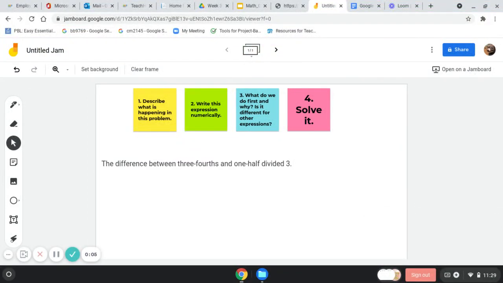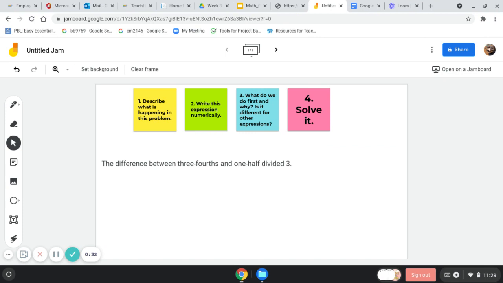We are going to continue talking about numeric expressions and how we solve and evaluate them, and just being able to understand how to look at it and express what it means in a written manner and in a numeric manner.